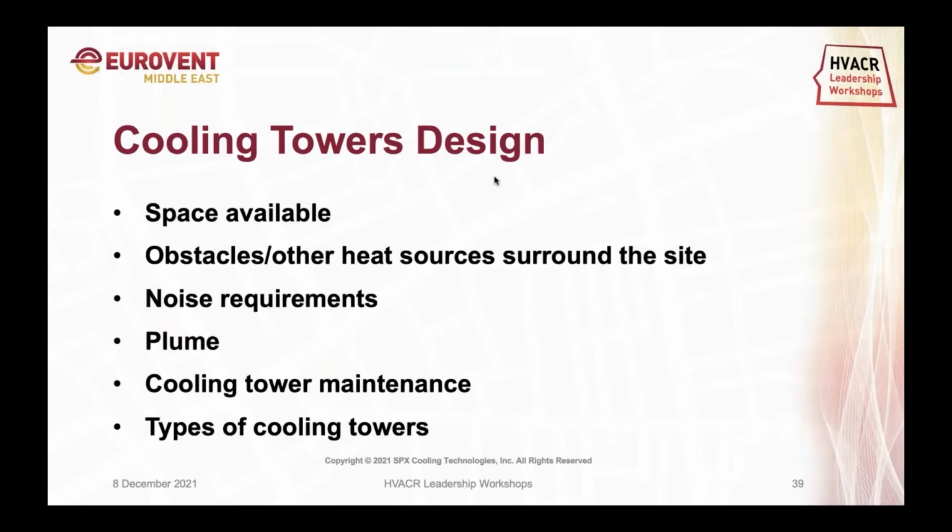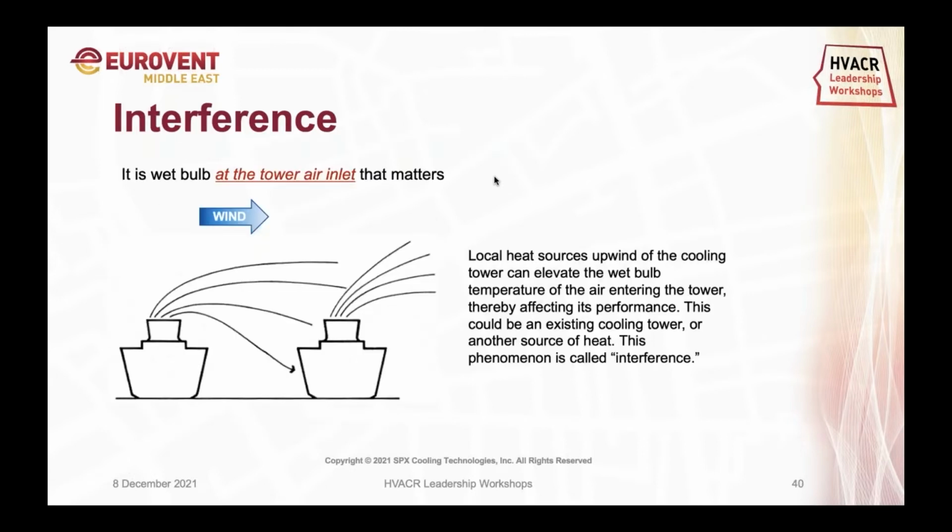The space around the cooling towers, the obstacles surrounding the cooling towers, what are the noise requirements in that specific facility and surrounding that building, the plume, taking into consideration the future maintenance of that specific cooling tower, and finally, types of cooling towers and their layout, arrangement, and noise sources, right? So the first point is the space available.